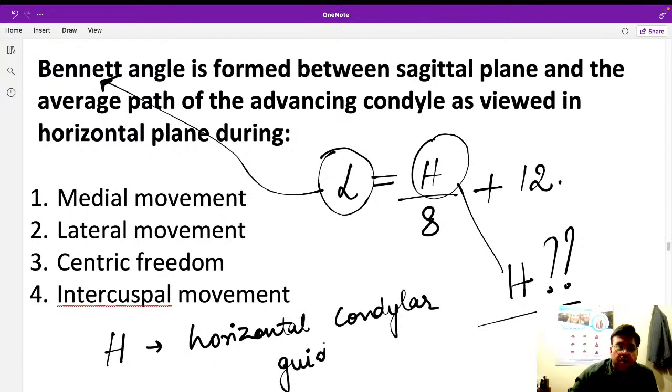So once you measure the horizontal condylar guidance for a patient, you can easily measure the Bennett angle, right?